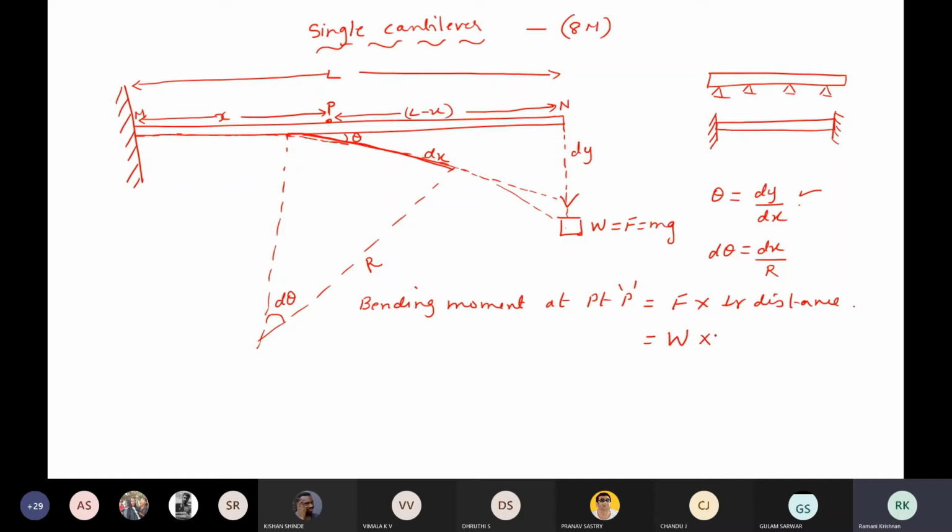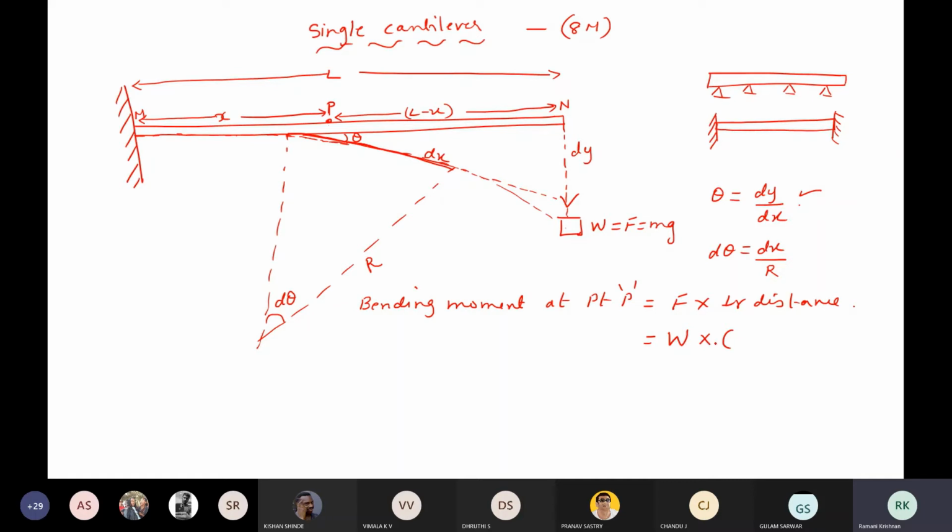And perpendicular distance means the distance of the point from the weight, from the load, not from the fixed end. The bending moment is force into perpendicular distance, and this perpendicular distance is from the load added.